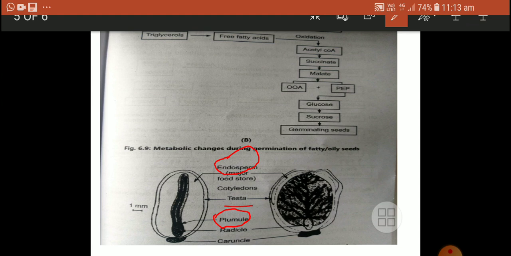So with this, I think you might have understood how the seeds, after imbibition, at the time of germination, undergo changes. Those are the metabolic changes that take place. As already I have said to you, catabolism takes place, meaning the breakdown of starch, breakdown of protein, breakdown of lipids takes place.